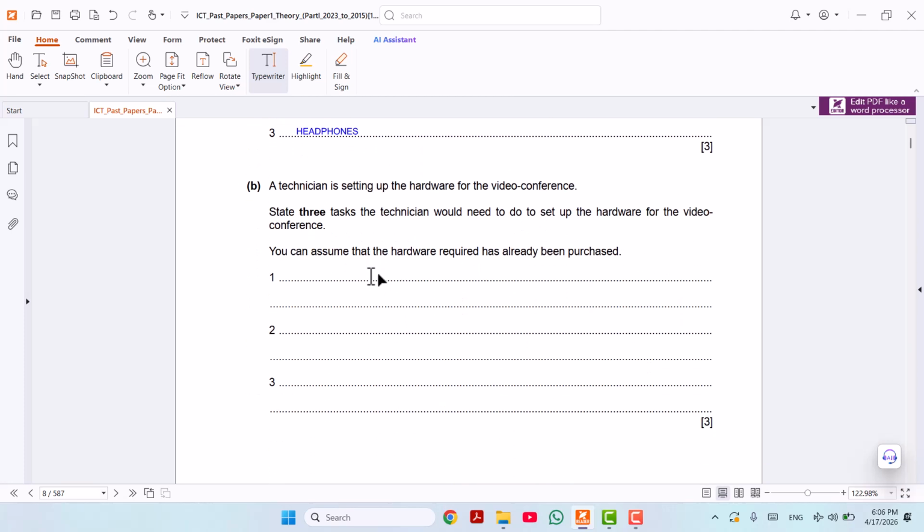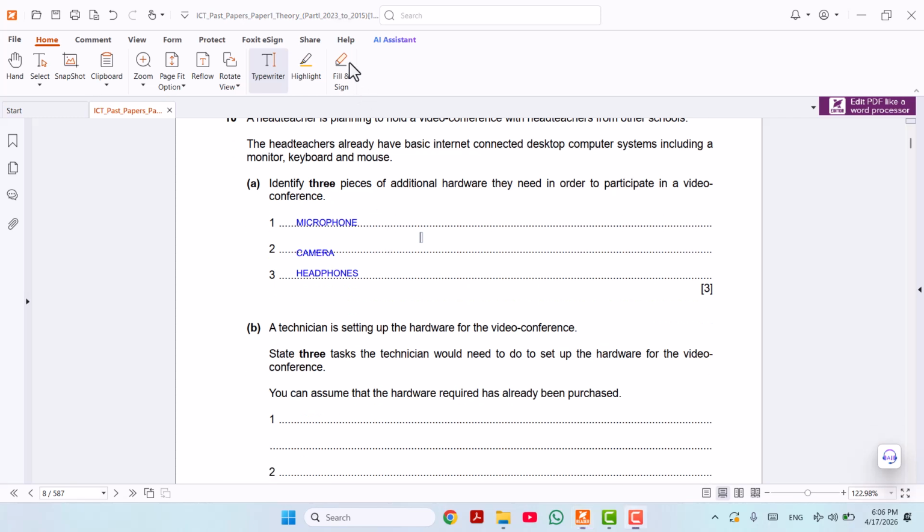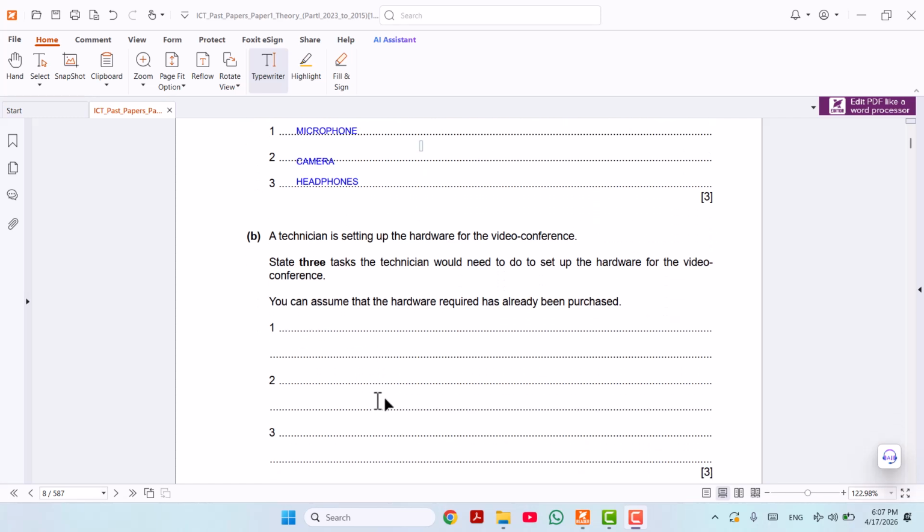Letter B in question number 10. A technician is setting up the hardware for the video conference. State 3 tasks the technician needs to be sure about, and you can assume the hardware required has been purchased. So the technician must be sure about it to make the video conference without mistakes.